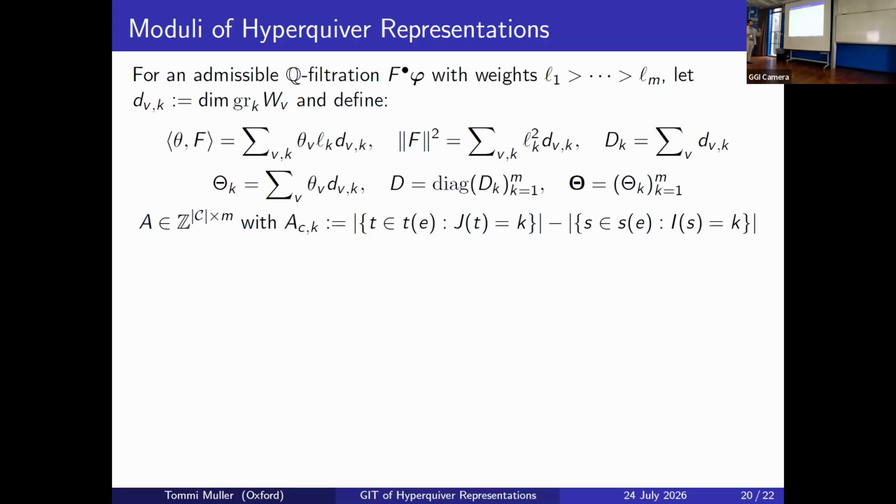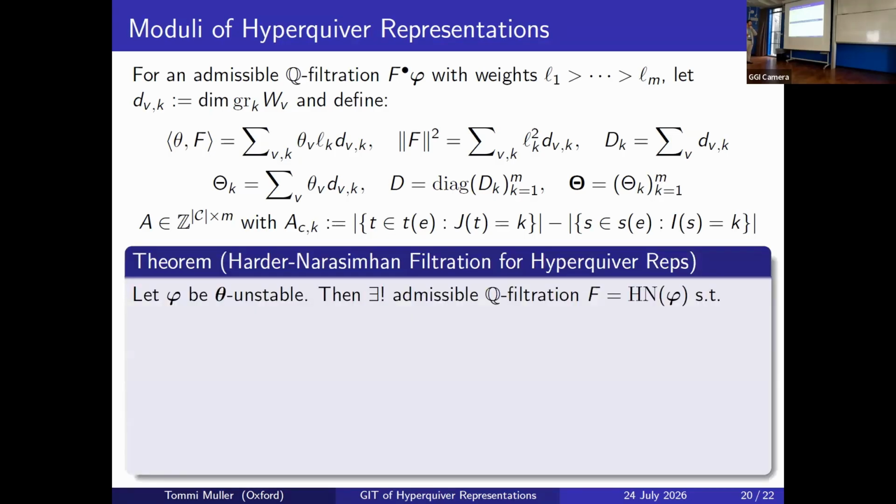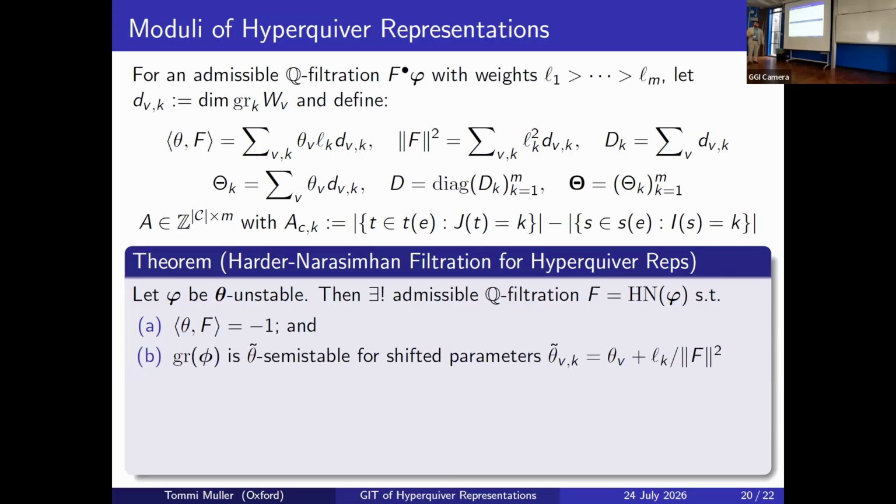So with all that defined, we have our main result, which is the Harder-Narasimhan filtration for hyperquiver representations. Suppose phi is theta unstable, an unstable point. Then there exists a unique admissible Q filtration F, called the Harder-Narasimhan filtration, uniquely defined by the following two properties. The first is our normalization condition, and the second is that the associated graded representation is semi-stable.